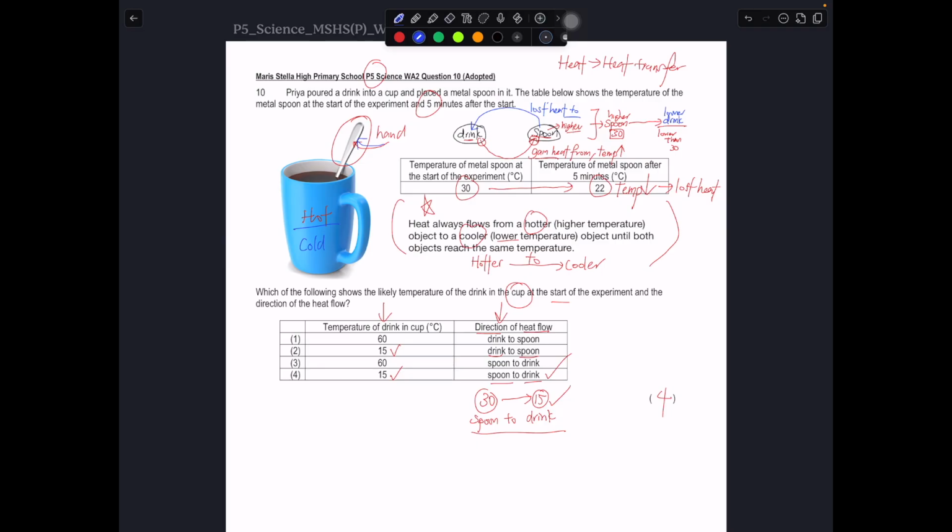So when you're doing this question, you can think about it in a very logical way. You put the metal spoon in, the temperature of the metal spoon becomes lower, and when you touch it, it's colder, so it must tell you that the drink must be way colder. Although colder is a very subjective term, you can use this as a gauge to decide which is the correct answer.